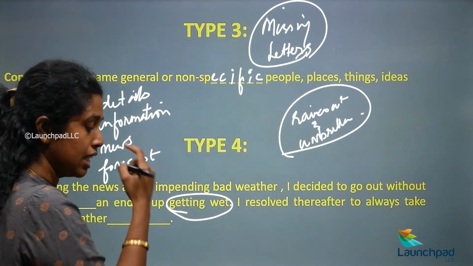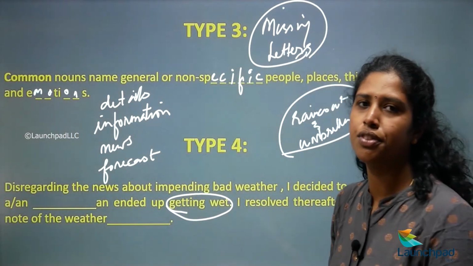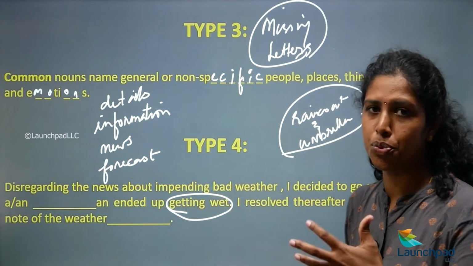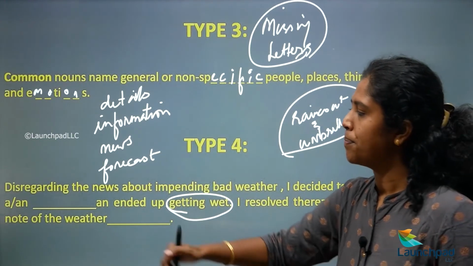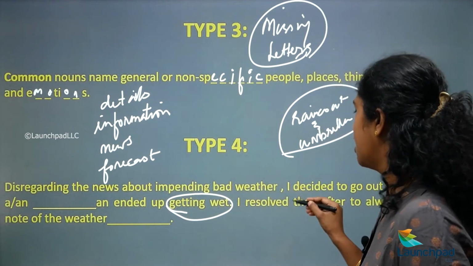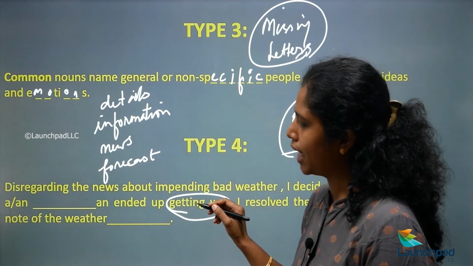Okay, so you can see in a particular blank, there are a few options that could fit in. Yes. So now let's see with our idea, we'll see which word can fit in with the most appropriate meaning. So, disregarding the news about impending bad weather, I decided to go out without a or an.